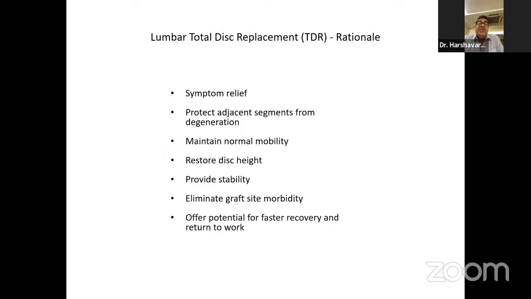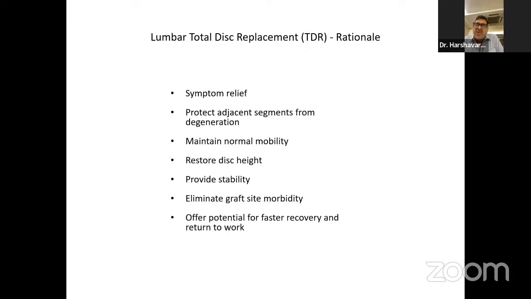Next slide, please. So motion preservation was with the same disc that is there, and you had devices which would preserve the motion, yet in some small way restrict some of the extremes of motion.